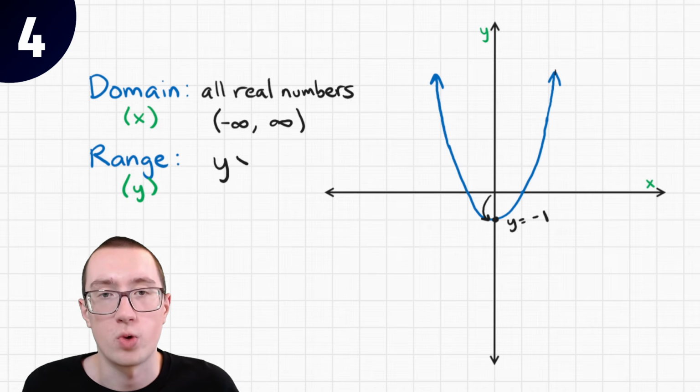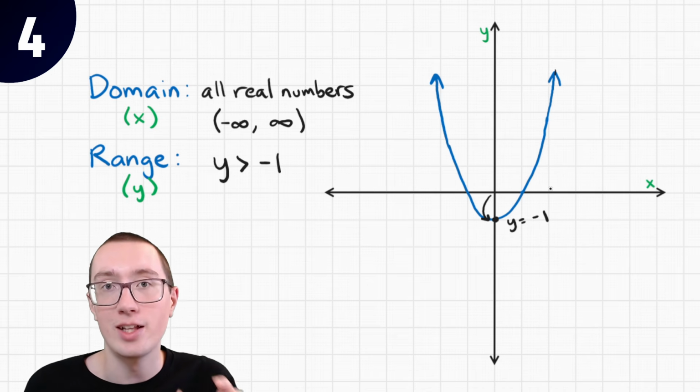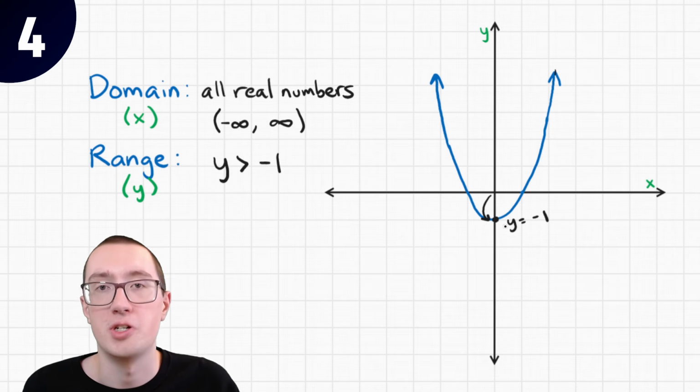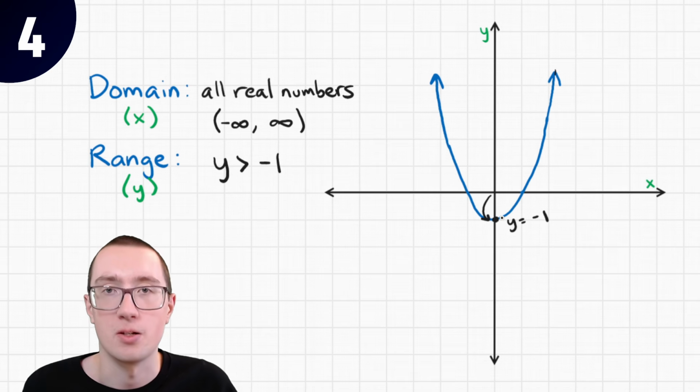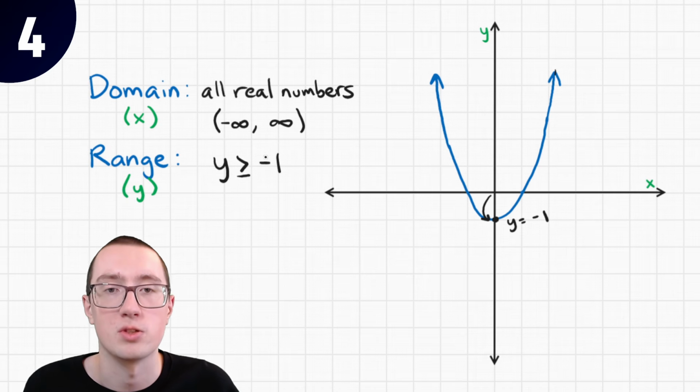So we're going to use greater than -1. And the other important thing to know is that -1 itself, like exactly -1, is included in the range. We can get exactly -1. So whenever you can get the exact number, you have to put a line underneath the sign, because this means or equal to. So greater than or equal to -1.